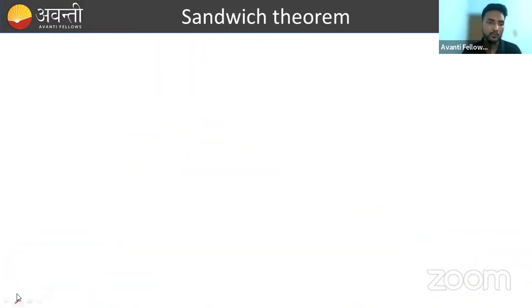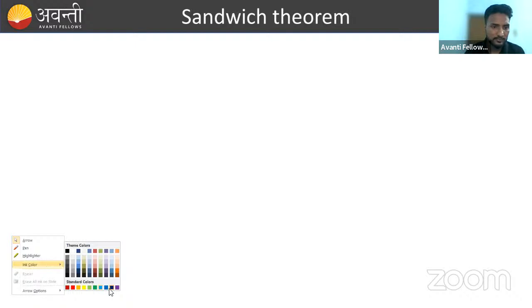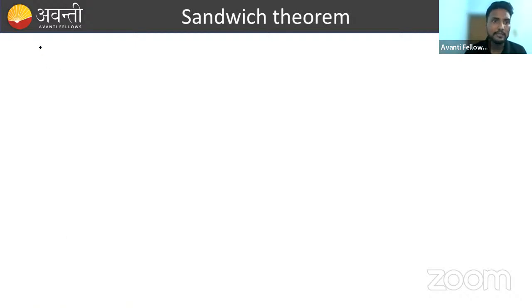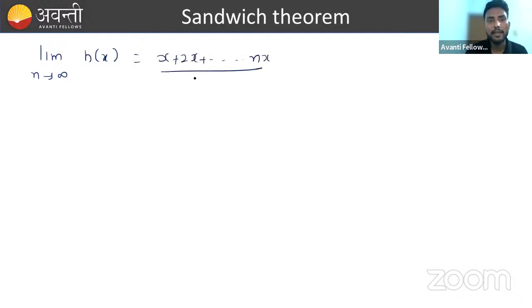Okay. So what is hx? It is like this. Limit n tending to infinity, that is hx. What is your hx? It is x plus 2x till nx divided by n square. So I am taking x as common. It will be 1 plus 2 till n divided by n square.